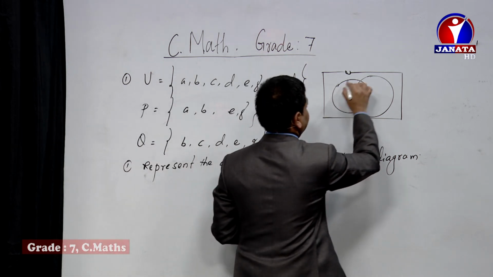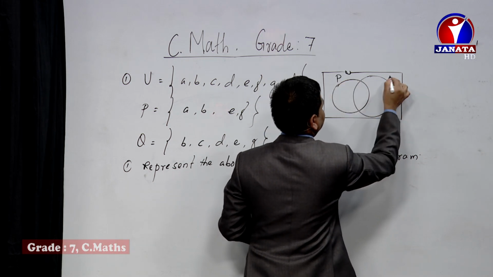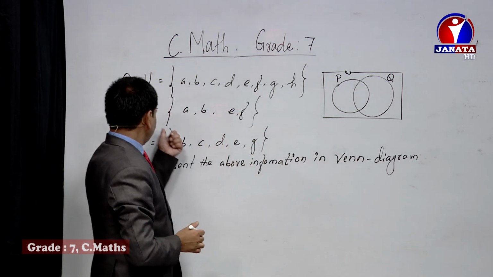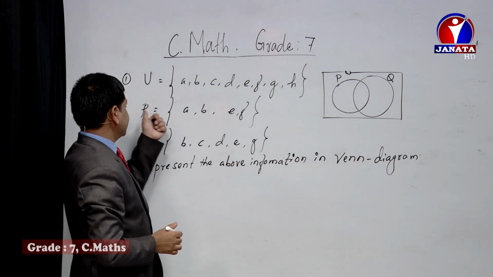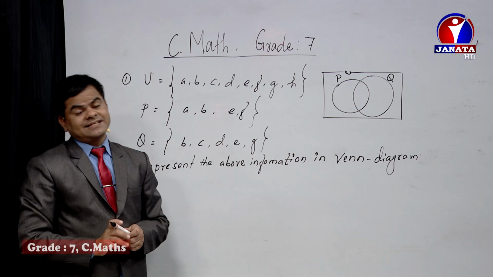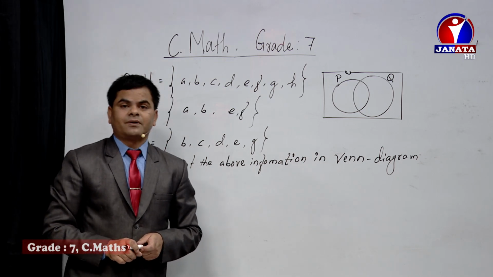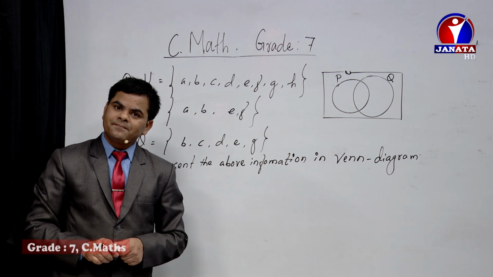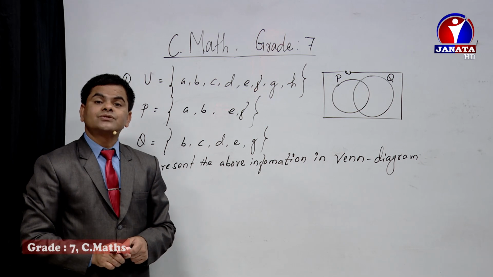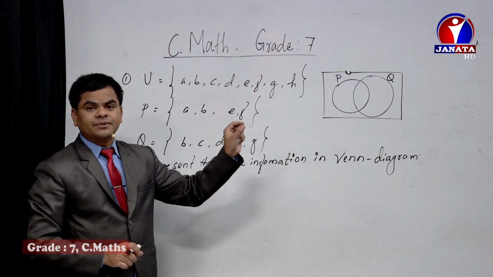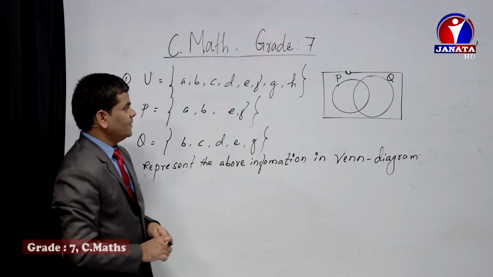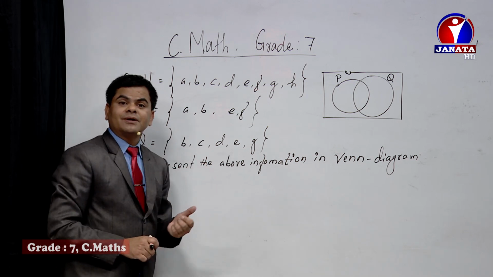So in the first circle, let's write here P, and in the second circle, let's write here Q, because here are given two subsets of the universal set as P and Q. Dear students, at that time also I had told, first of all, the first priority should be given to the common elements in between the two sets, and those common elements we need to keep in the intersected part of the Venn diagram, or the intersected part of both circles. So, which are the common elements in between the P set and Q set?